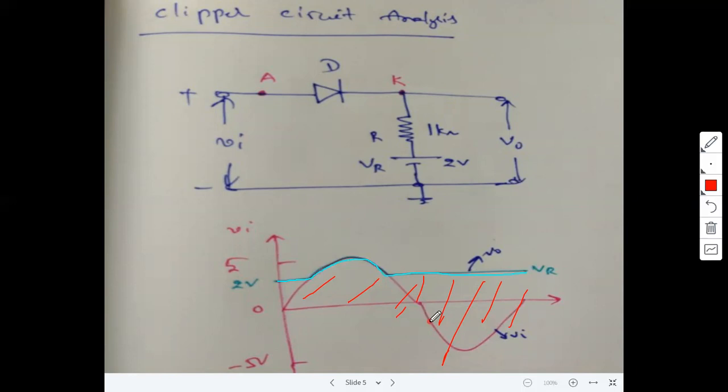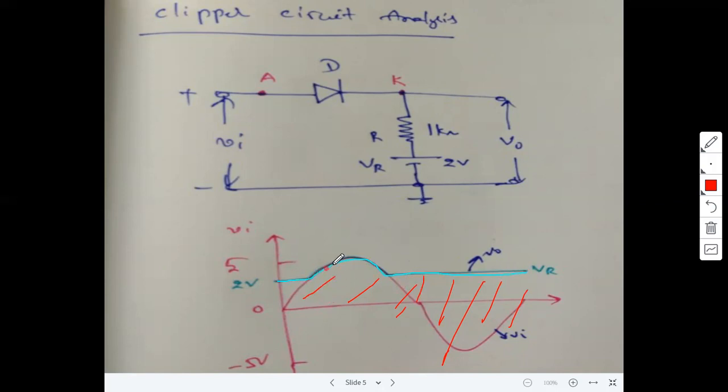An indirect question is: design a clipper circuit which allows the input voltage greater than the reference signal, or otherwise design a clipper circuit which clips off below the reference voltage, like this, right?